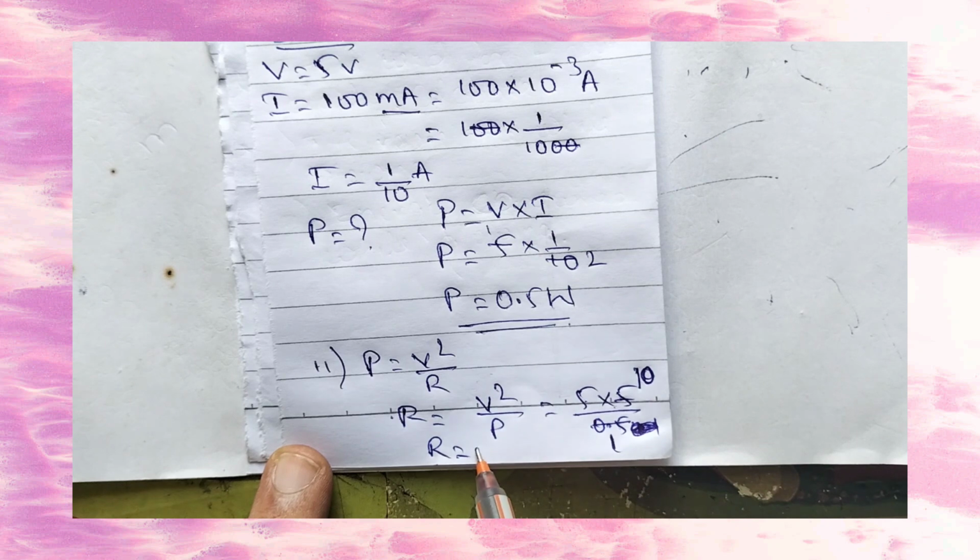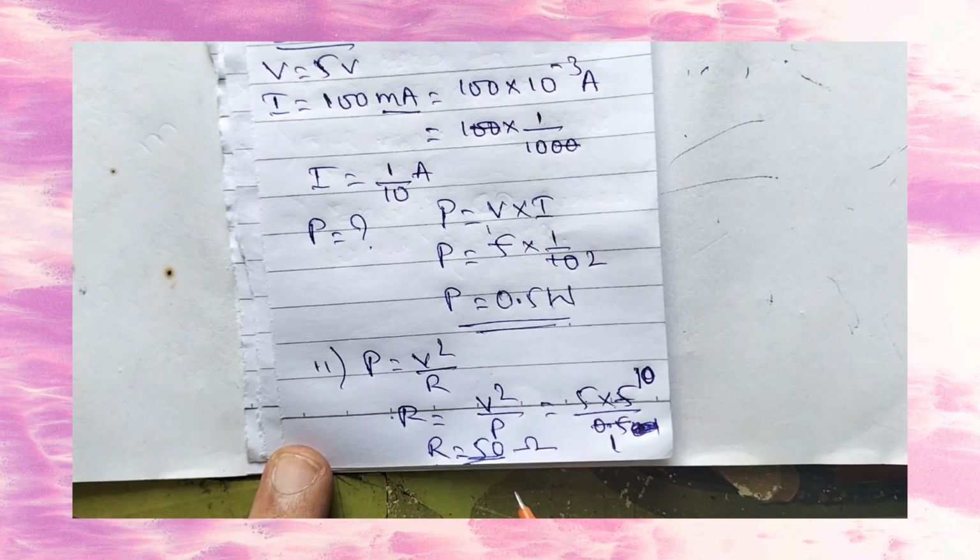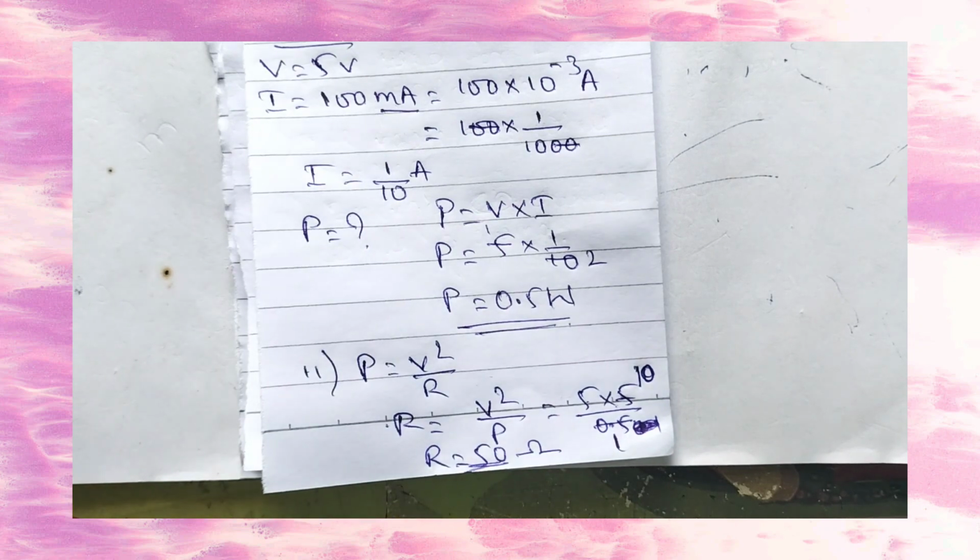So ಅಲ್ಲಿಗೆ remaining is 5 tens. So 5 tens is 50. So resistance is equal to 50 ohm.